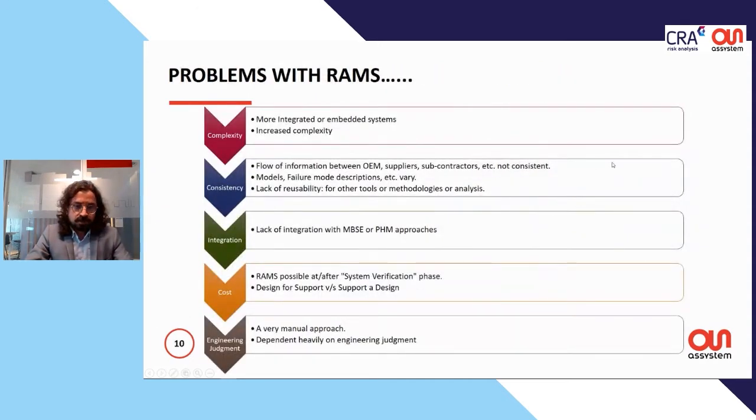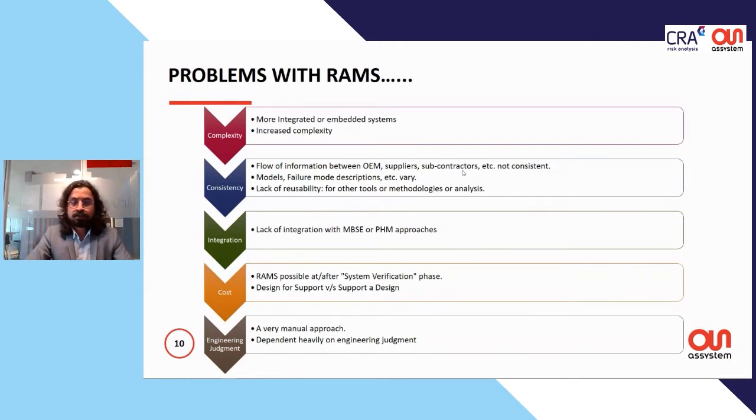But what is the problem with the current RAMS? First of all, the complexity: systems are becoming more and more integrated and embedded. So with the increased complexity, the modeling within RAMS is becoming more and more complicated, and so it is more difficult to analyze and track. Then there is the consistency, the flow of information. When you are considering a RAMS analysis, there are the original equipment manufacturer, the suppliers, and subcontractors.